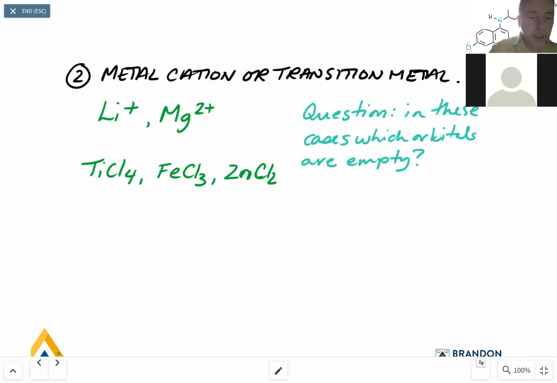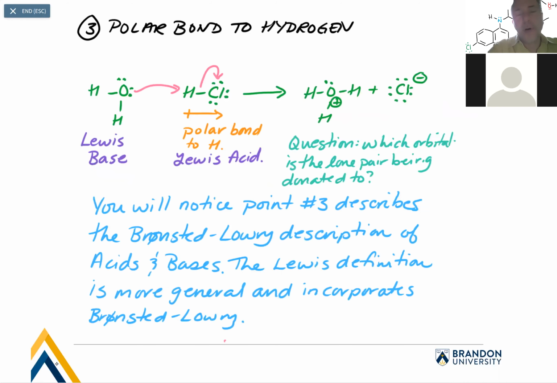The third is what we've just seen before, a polar bond to hydrogen. I said previously that the Bronsted-Lowry definition is encapsulated in the Lewis acid-base definition.